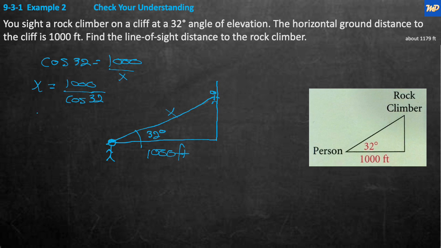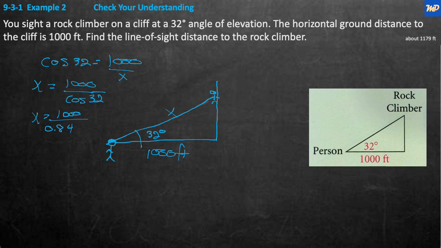So x is equal to 1,000 divided by 0.848. No, not 0.804, excuse me, I looked at that incorrectly.